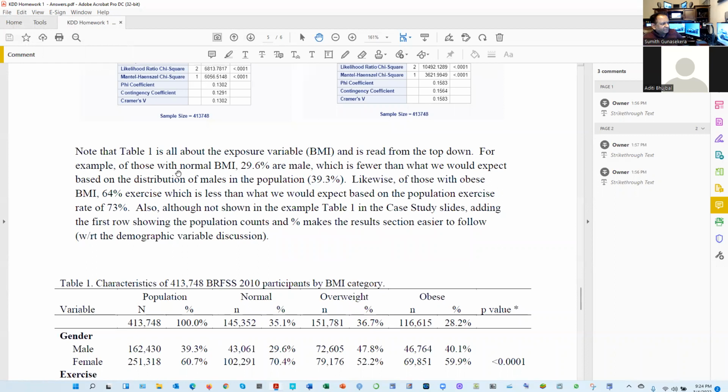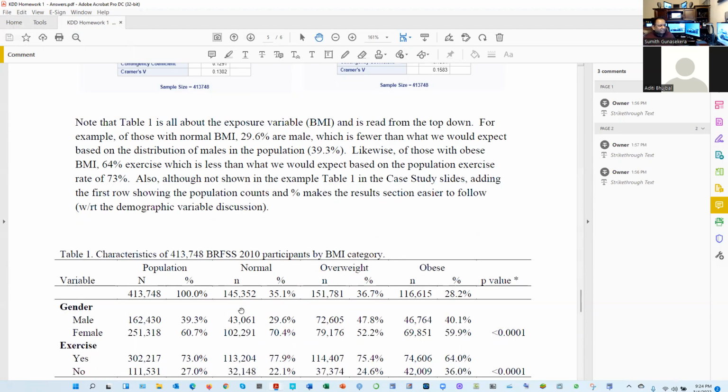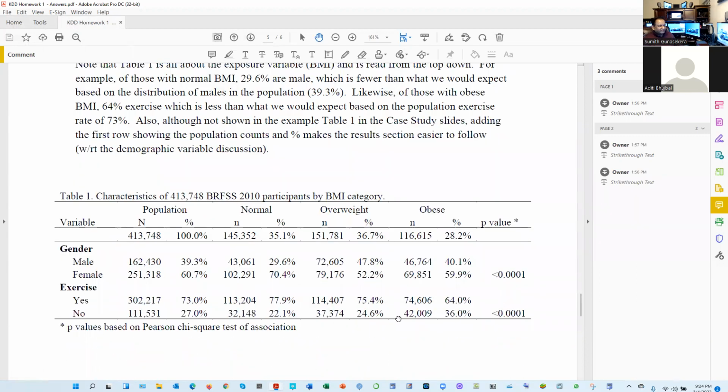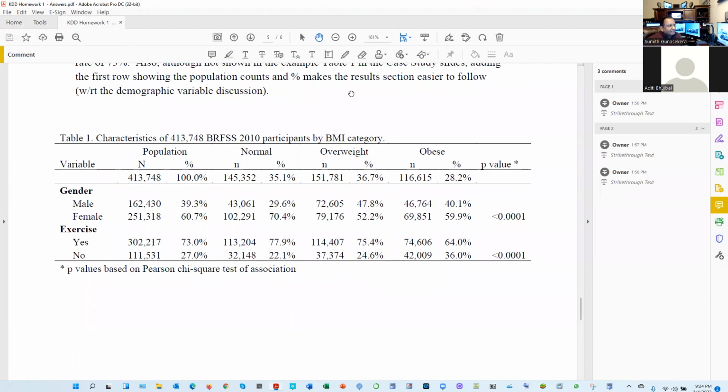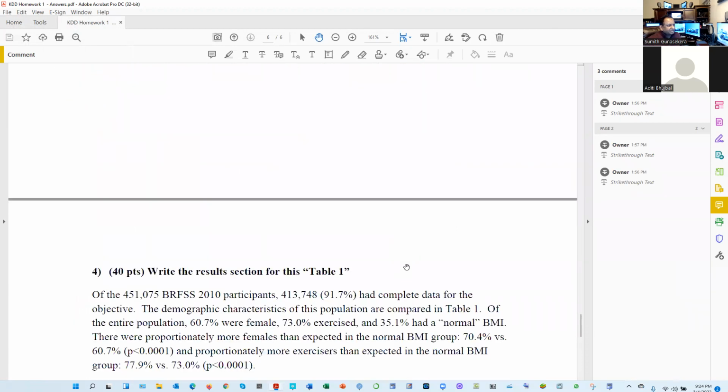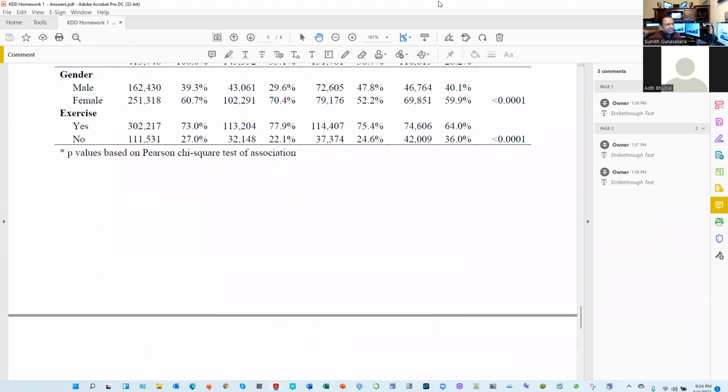For example, of those with normal BMI, 29.6 are male, which is fewer than what we would expect based on the distribution of male in the population. Whatever you saw from there, you can give some kind of description. You can explain this table like that.